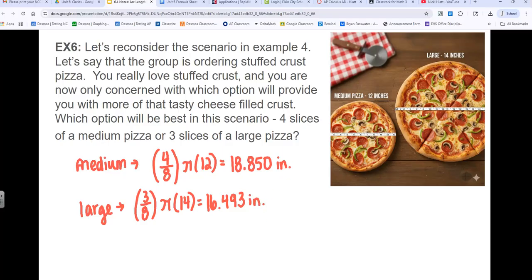So if all you care about is the crust because you really love the stuffed crust, then in this case you would prefer for them to purchase the medium pizzas. So very important thing for you to look at whenever you're ordering pizzas.